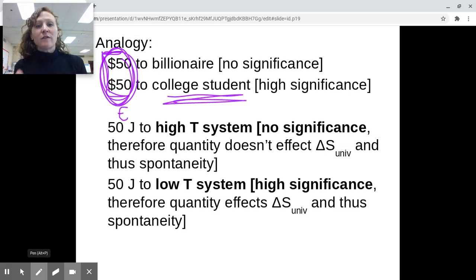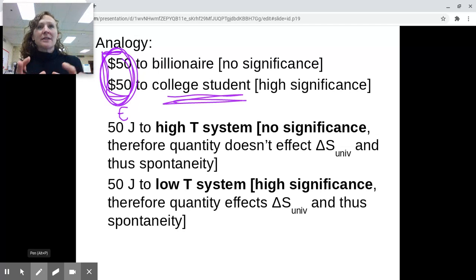If you gave that same $50 bill to a billionaire who has so much money that they don't know what to do with it, and so they feel the need to launch rockets into space, they're going to go, thanks, right? It's not going to be as significant to them. It's not going to make a very big percentage of change in their financial life or their emotional life, right?